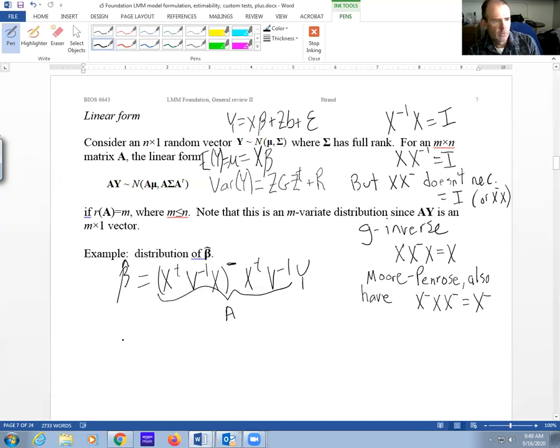Okay, so we know that beta hat, based on this linear form result, is normal with mean A times X beta, where I plugged in what mu was, and the variance is A, and I'm going to keep it simple here.